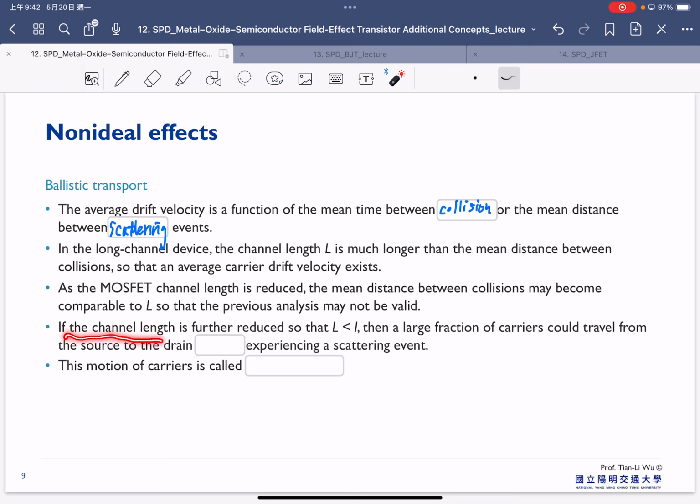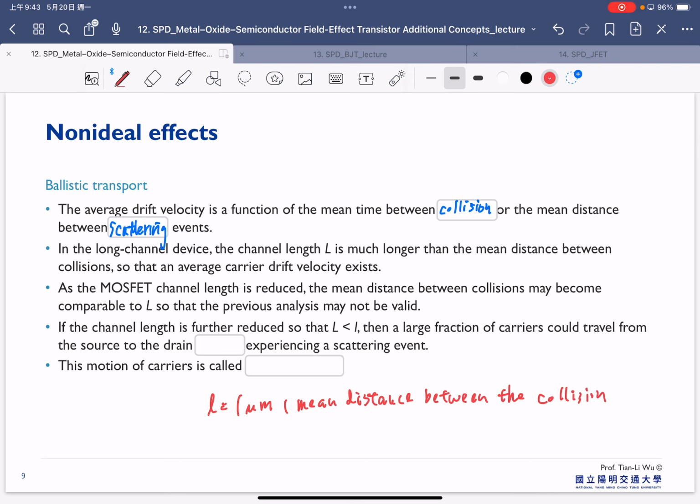So the channel length is further reduced. When our channel length is smaller than the mean distance between collisions, where L is the mean distance between the collisions, for example, if we assume 1 micrometer is the mean distance between the collisions, and now we fabricate the device with a channel length of only 50 nanometers, that means 50 nanometers is much smaller than the mean distance between collisions.